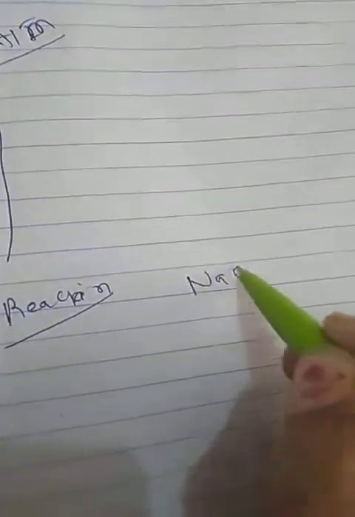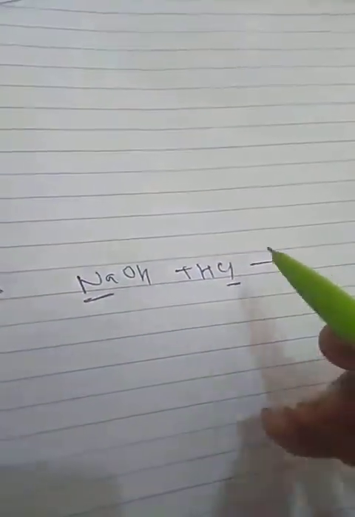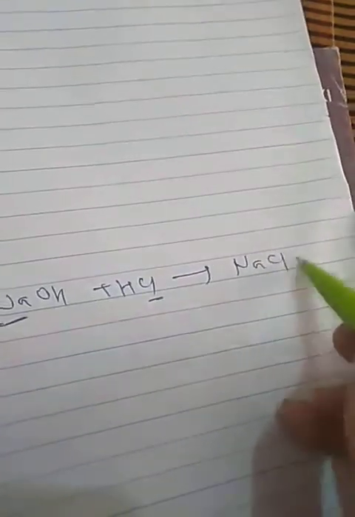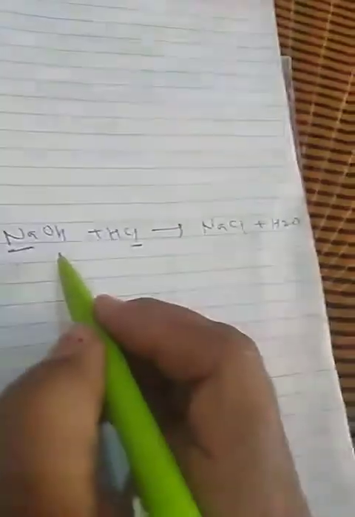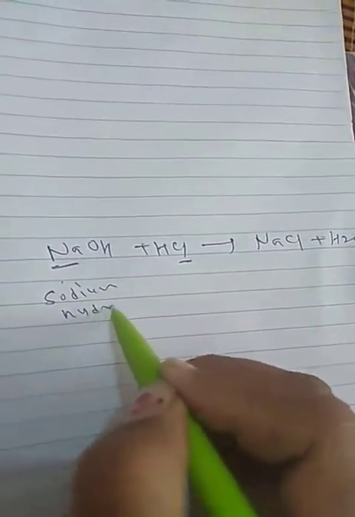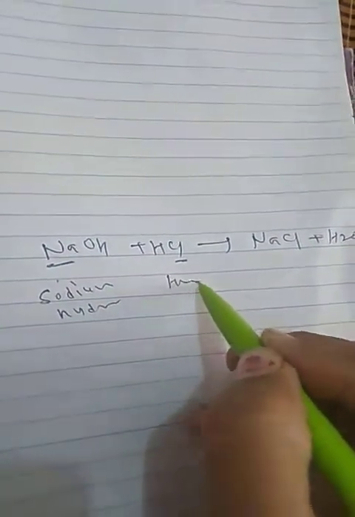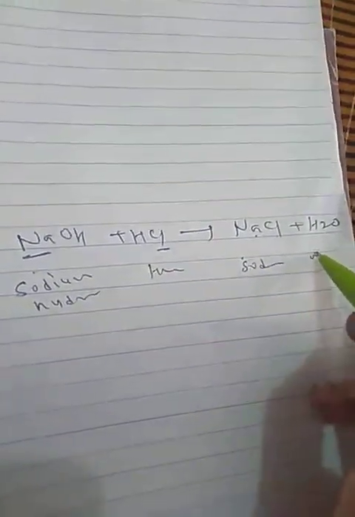You are taking base NaOH plus acid HCl, and you are getting salt NaCl plus water H2O. You have to write the equation in words also: sodium hydroxide, hydrochloric acid, salt means sodium chloride, and water.